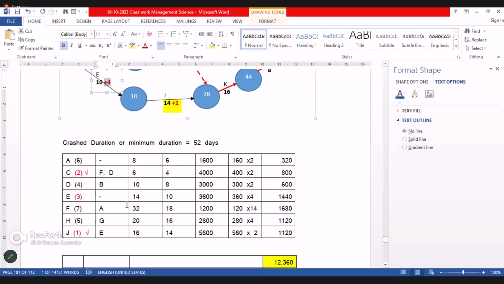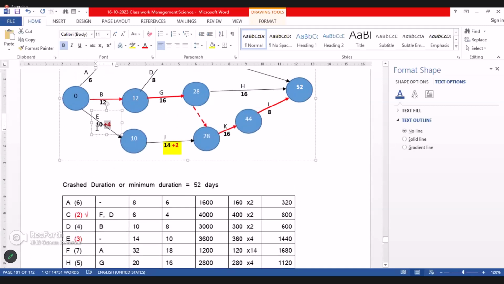The 10 days, E there is 14 days, reduced to 10, so 4 days. If you add 4 days, what will happen? This project duration becomes 14. This point, 14 plus this much, 14 plus 16 now. 16, how much? 30. Right? 14 plus this becomes 30.